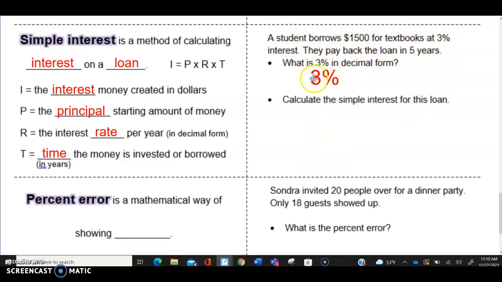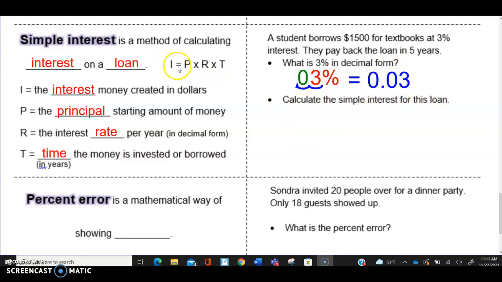Our first step would be to change the 3% to decimal form. Technically we're dividing by 100, which swoops our decimal 2 places to the left. So 3% would be the same as 0.03. To calculate the simple interest, we would then plug that into the formula.